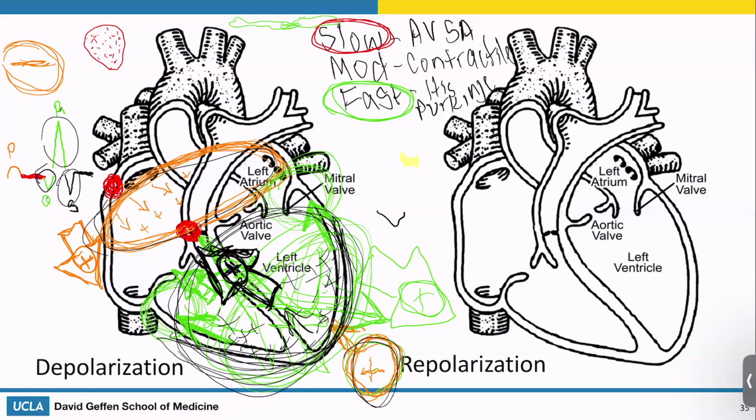So we're actually going to be moving in this general direction, negative, becoming more negative, away from that positive lead. Remember, we talked about this. We get a negative deflection, repolarization, moving away from a positive lead. We're actually going to get that positive deflection here. So that positive T wave which is representative of that ventricular repolarization.